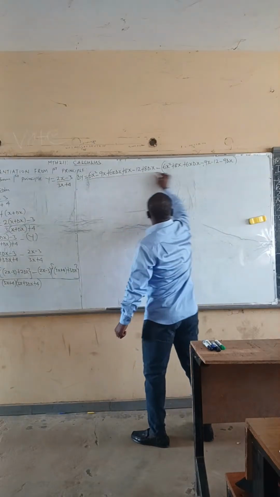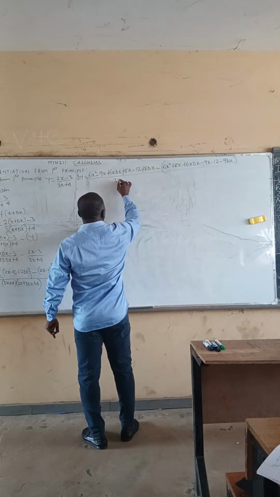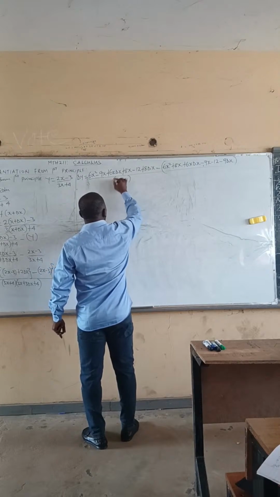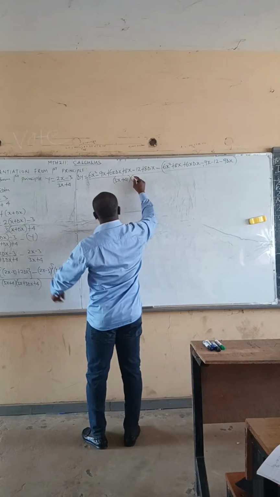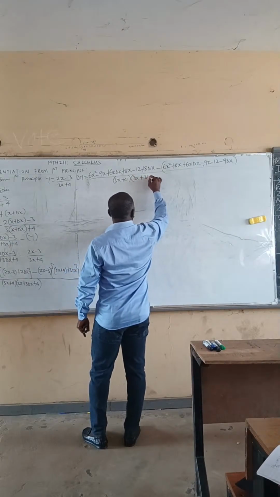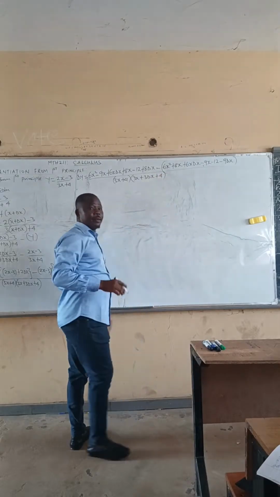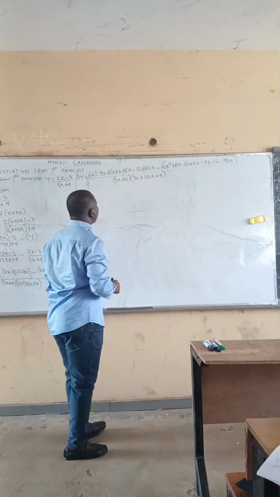Then all over 3x plus 4, open bracket, 3x plus 4.